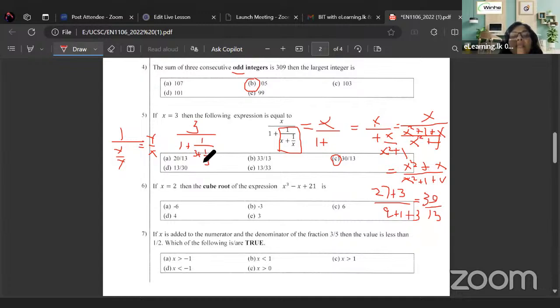After you substitute this, you can find it. Then what happens? 3 divided by 1 plus 3 over 10. Right?